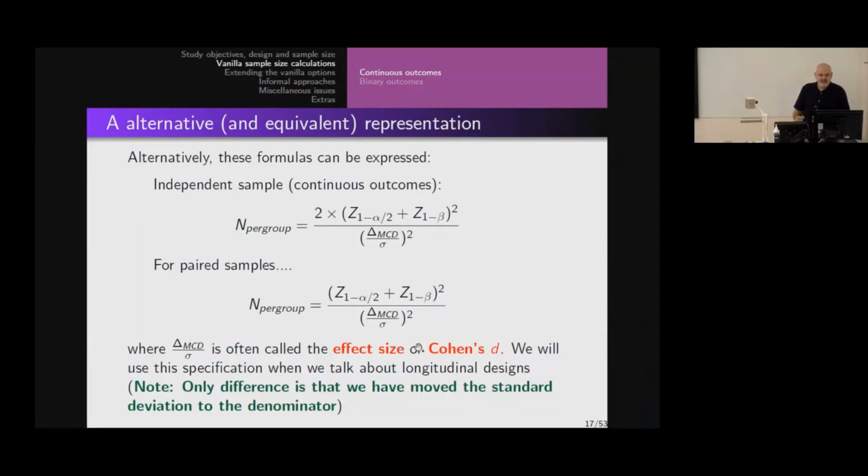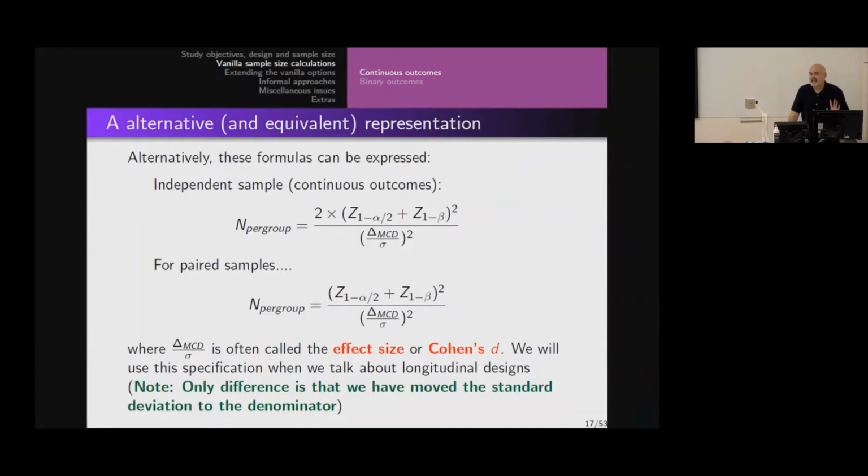It represents how many standard deviations apart the 2 groups are. So when we don't know anything about our data, we can just say we want to find a moderate effect size, and put a number straight in there, say we want them to be half a standard deviation apart. We often use it when we don't know a lot about our data. We'll also see this specification when it comes to longitudinal studies.